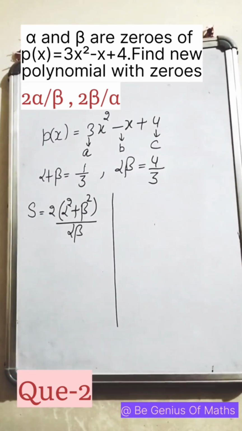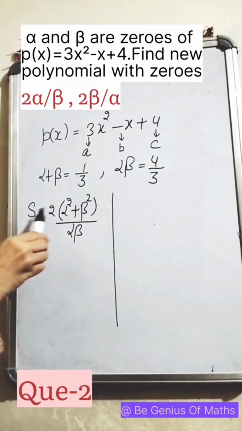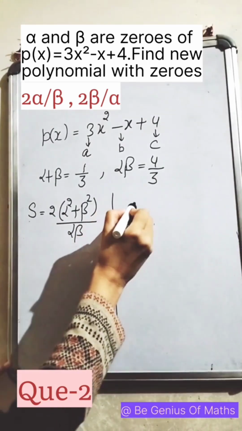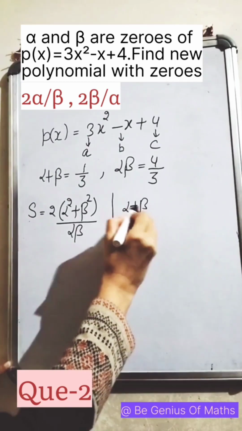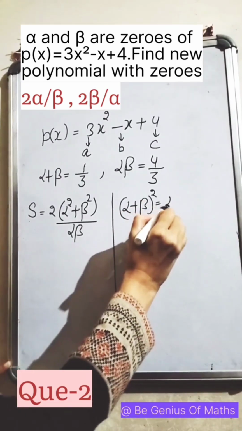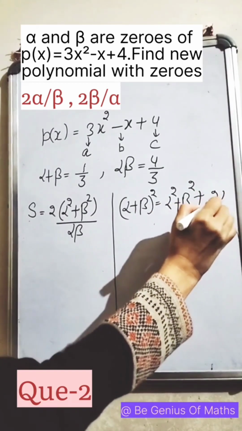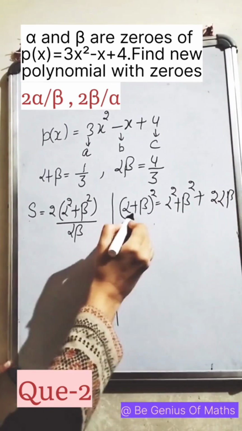To find alpha square plus beta square, we use alpha plus beta whole square is equal to alpha square plus beta square plus 2 alpha beta. It means we will use the square identity.